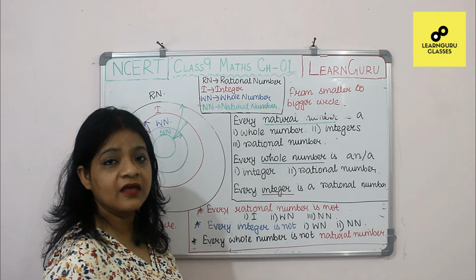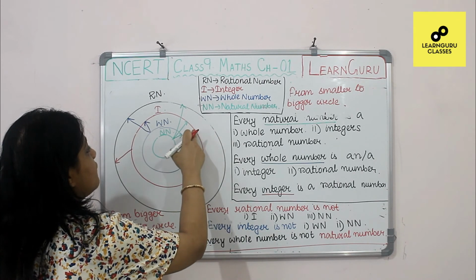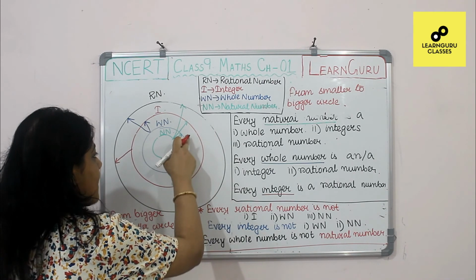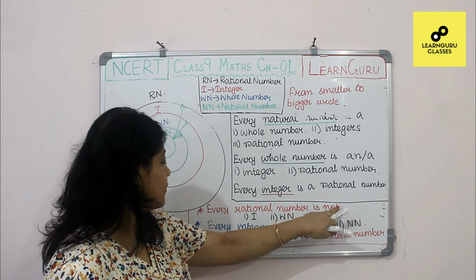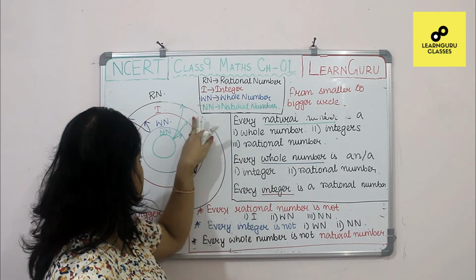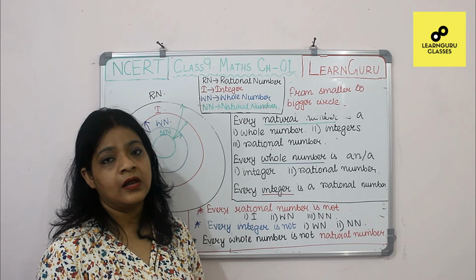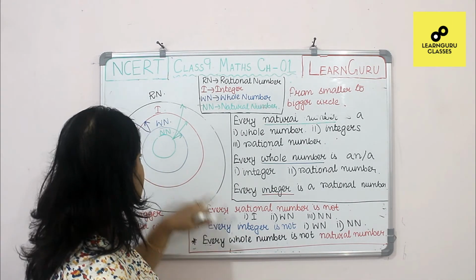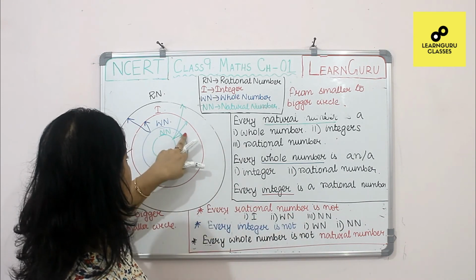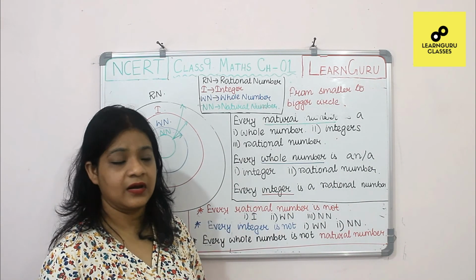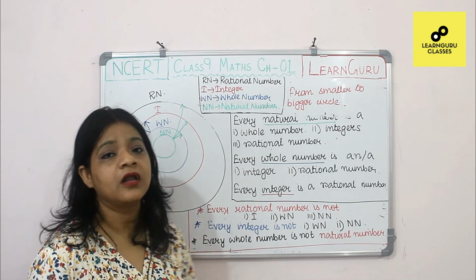Rational number is the biggest circle, so you cannot go from rational number to integer, whole number, or natural number. So every rational number is not an integer, is not a whole number, is not a natural number. Every integer is the next circle, so every integer is not a whole number, is not a natural number. Then every whole number is not a natural number.